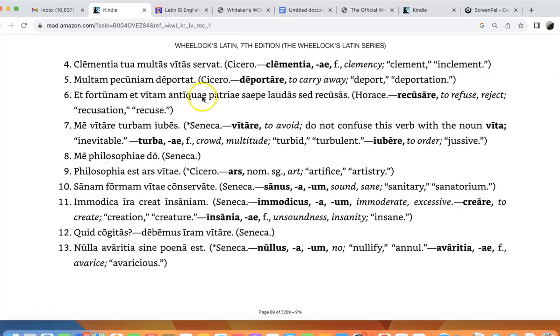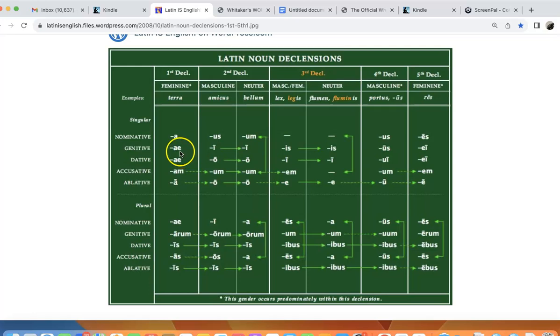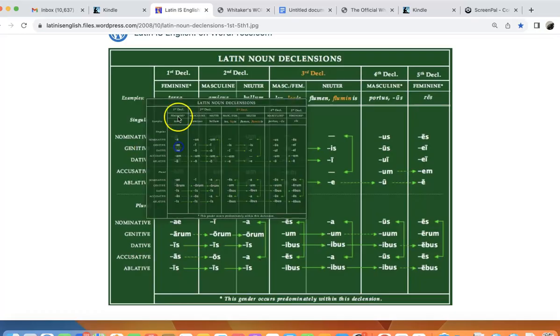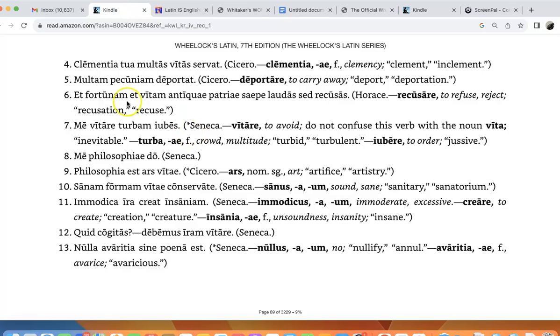But then we have ae. So this one's a little bit more complex. So it could be one of these two. In this case, based on context, it's going to be genitive. So it means of. So you may have to play around with the language and use either of, for, or to, and just see which one works best.